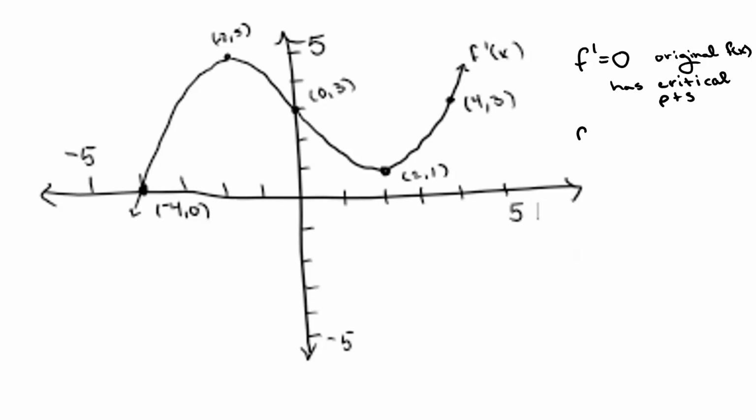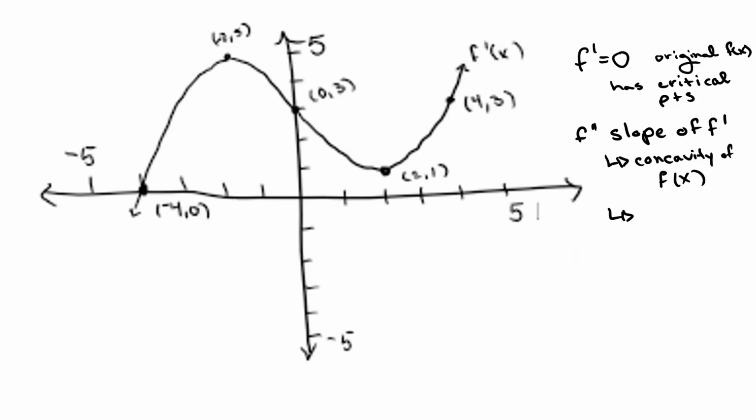And then we also know the second derivative is the slope of the first derivative graph. So that means that the slope of the first derivative graph tells us about concavity. All right. So from that we get concavity of f of x.